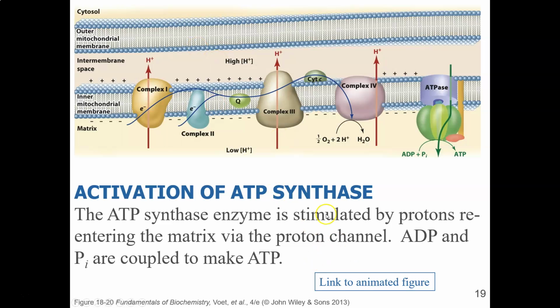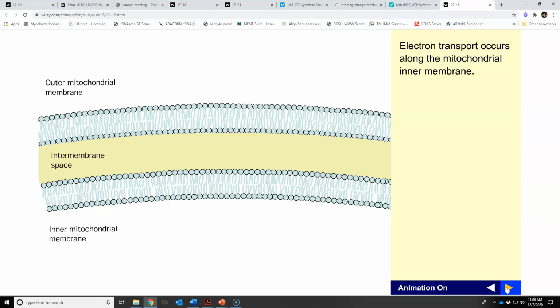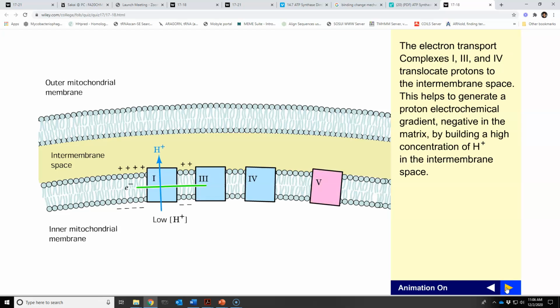So the way that ATP synthase works, so this is a simple animation here. So here's our drawing of the mitochondria, and we have the outer and the inner membrane, and we have our complexes that participate in proton pumping.